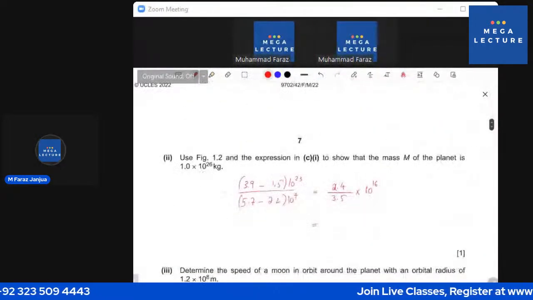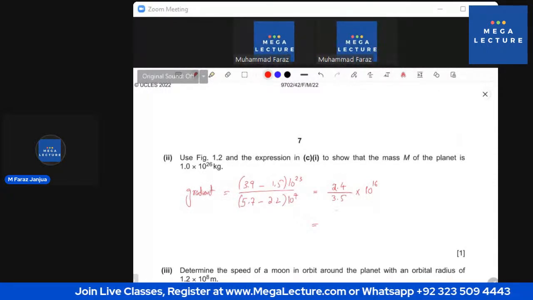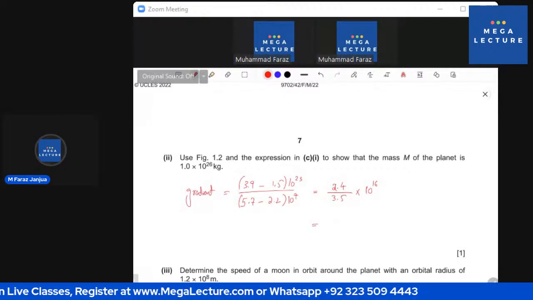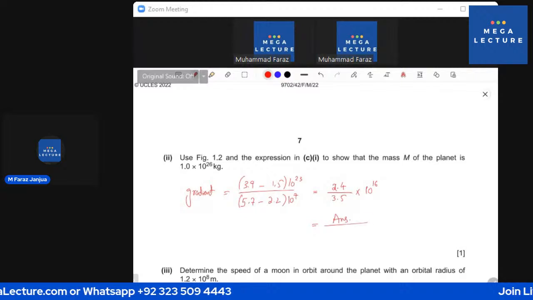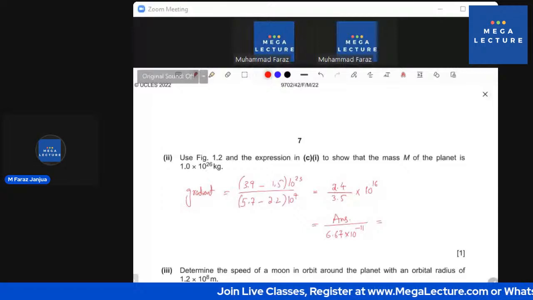This is just the gradient. So whatever answer you get from here, divided by 6.67 times 10 to the power minus 11, will be equal to the final answer.